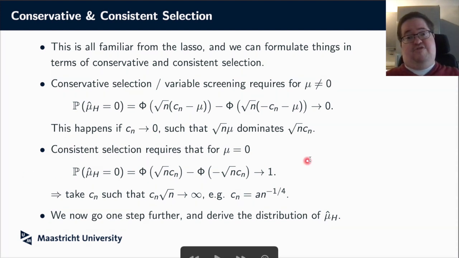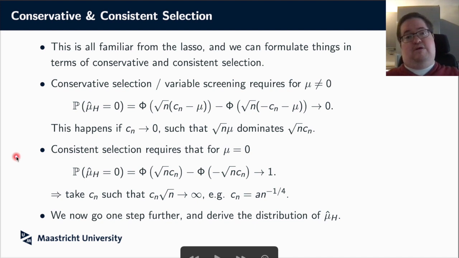Consistent selection additionally requires that we look at the irrelevant variables, so mu is equal to 0. We've just done this case. What we need is that square root n times c_n converges to infinity, or in terms of the lasso, we would say lambda times square root n converges to infinity.